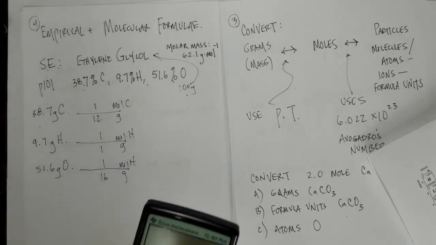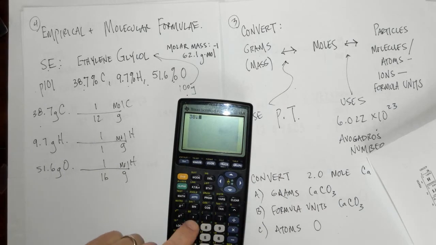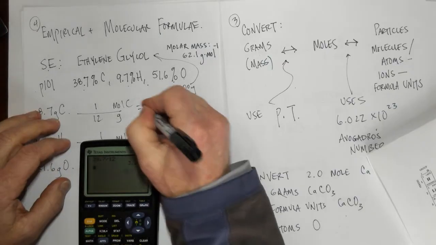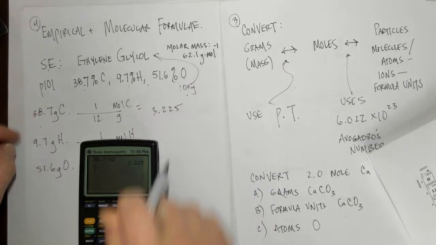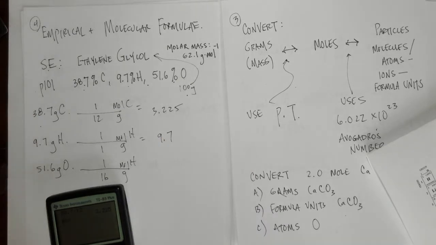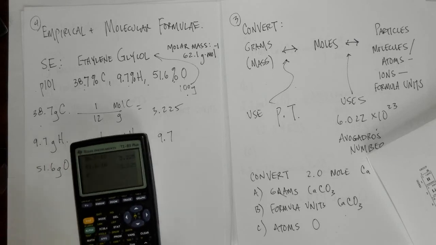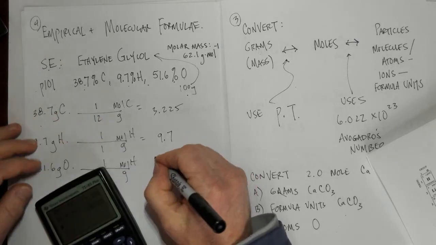Now you got a little bit of fancy work to do on your calculator. 38.7 divided by 12 ends up being 3.22. The 9.7 divided by 1 ends up being 9.7. And the 51.6 divided by 16, that ends up being 3.225 again.